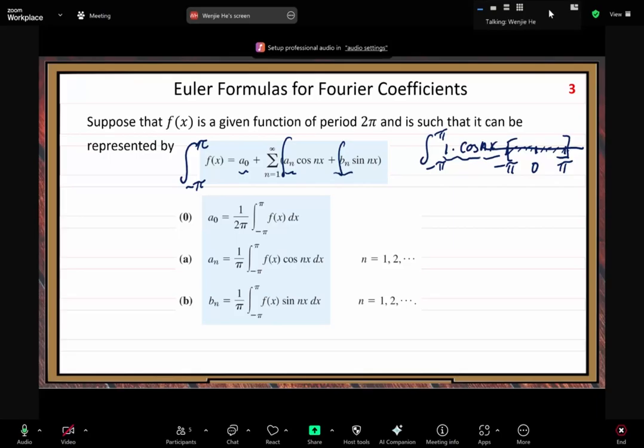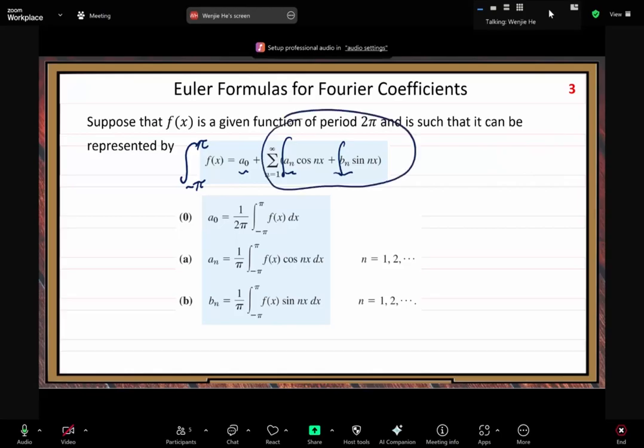For sine and 1, or cosine x and 1, there are two different functions, so the product integral is 0. So the integral of all the other terms is 0, then the integral of this from negative pi to pi is 2 pi times a0. You divide by 2 pi, so you have this formula: a0 equals 1 over 2 pi times the integral of this function.